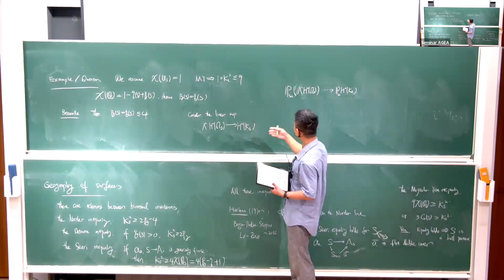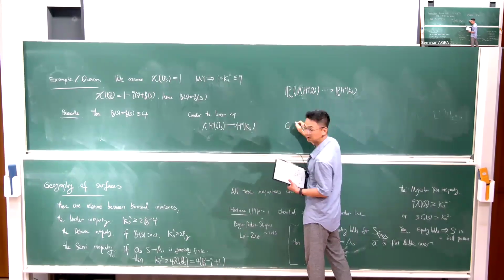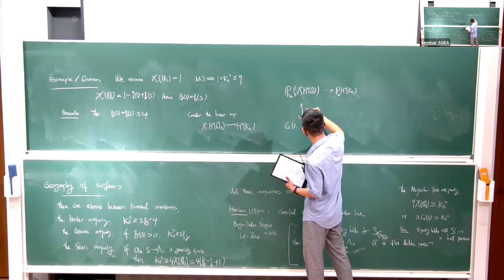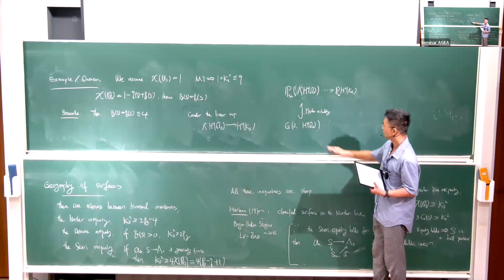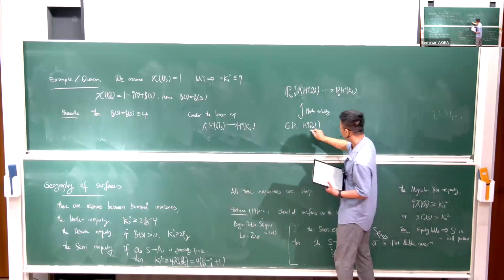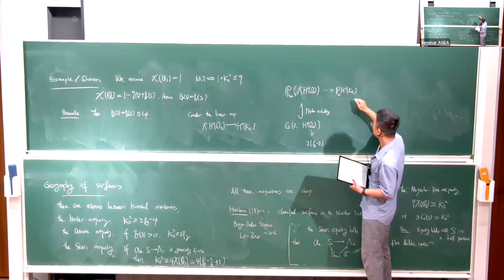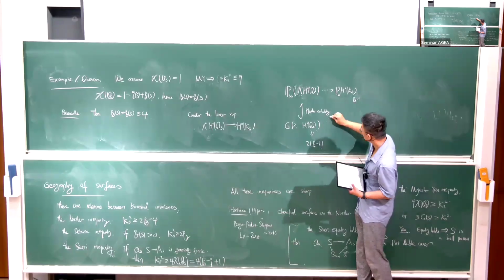We can compute the dimension. But here we have another map. This is the Plücker embedding. Okay, and so we can count the dimension. The dimension here is 2 times p_g minus 2, and the dimension here is p_g minus 1. Then we have an induced rational map.